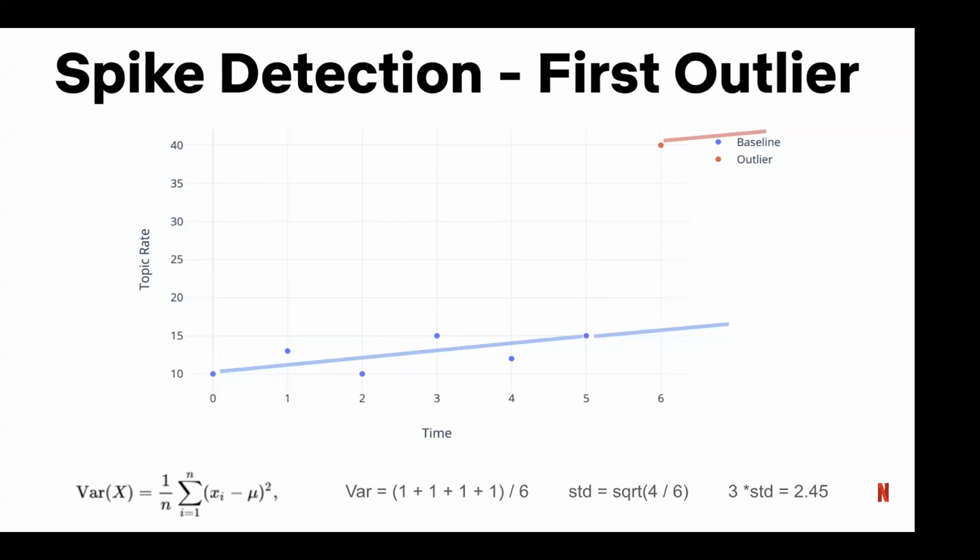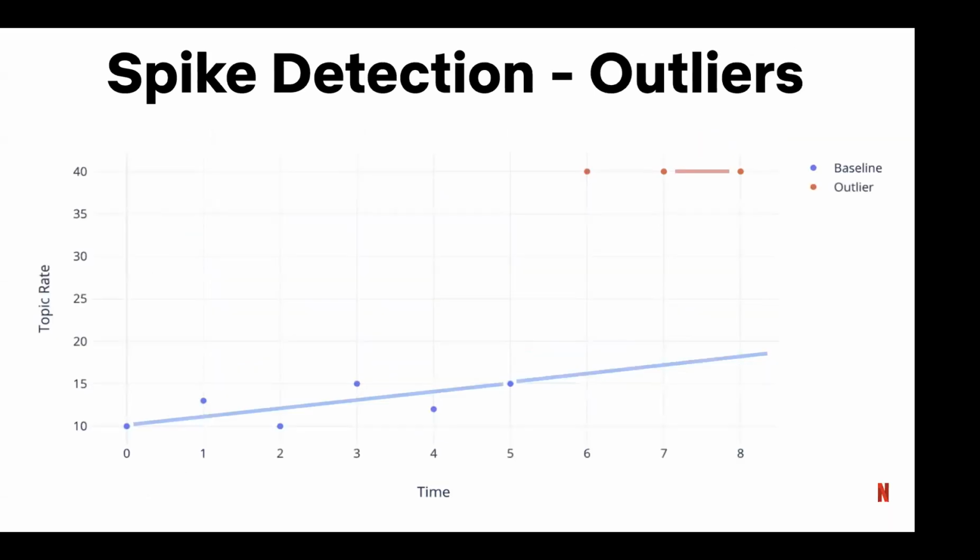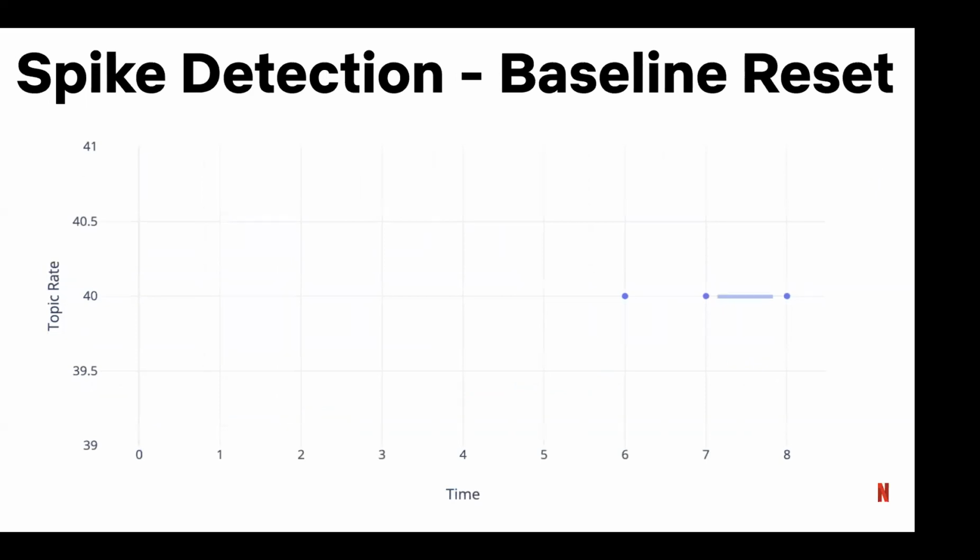So it's an outlier. And then at times 7 and 8, again, we observe more outliers. The regression function predicted a much lower event rate for times 6, 7, and 8 than what was actually observed. So since this happened three times in a row, we know that something has changed with the workload, and we need to reset our baseline and recompute our regression function using the outliers and throw out all the other historical data we were using to compute the regression function.